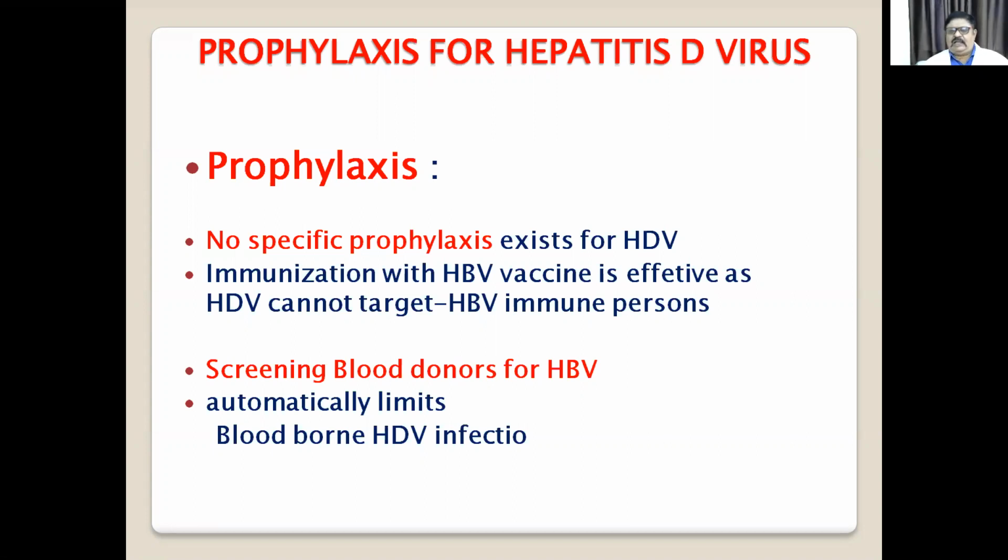That means hepatitis D is dependent upon hepatitis B virus infection, and if you have taken hepatitis B vaccination, where is the question of the dependent Delta virus coming and affecting you? So proper hepatitis B vaccination not only prevents HBV, but also HDV. Screening blood and blood donors automatically limits blood-borne HDV infection.